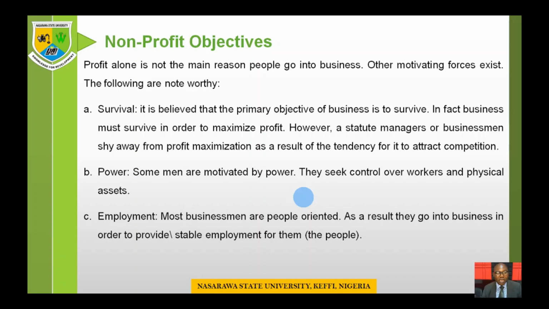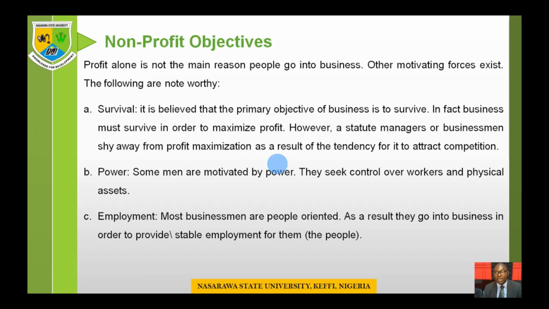It is believed that the primary objective of business is to survive. Because it's when you survive as a business that you even talk of other motives in terms of profitability or not. So in fact, business must survive in order to maximize profit.